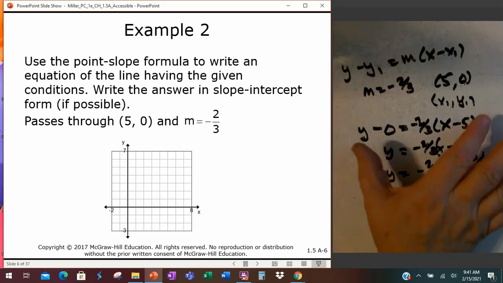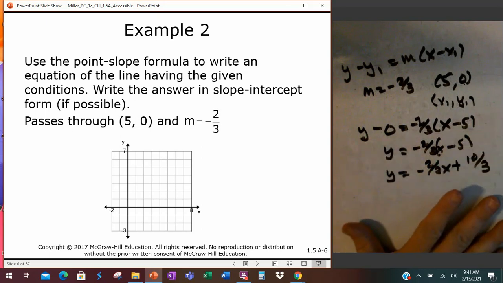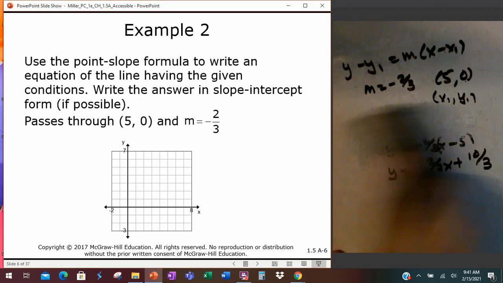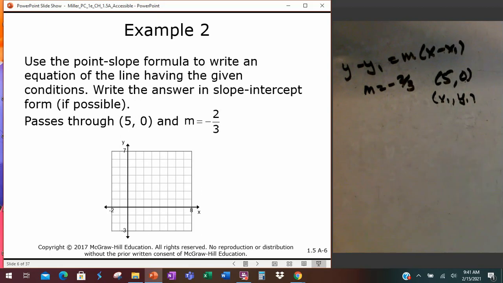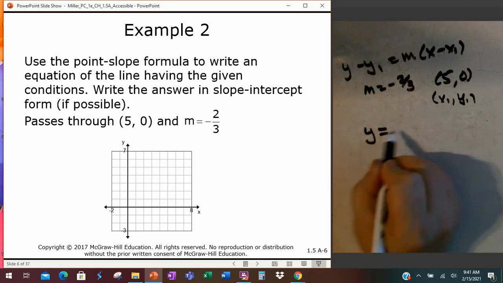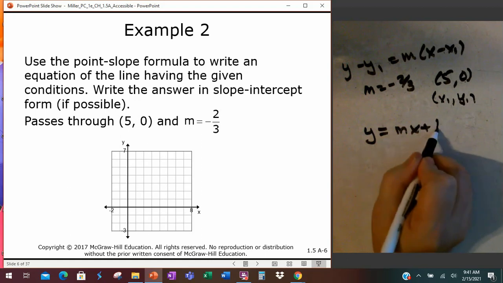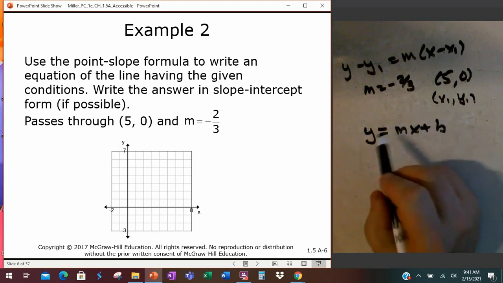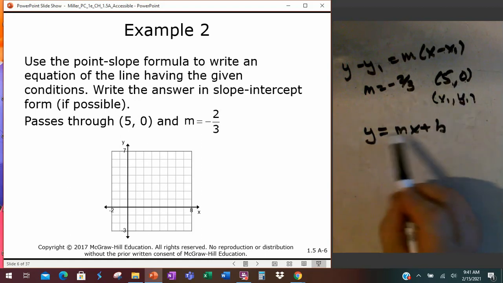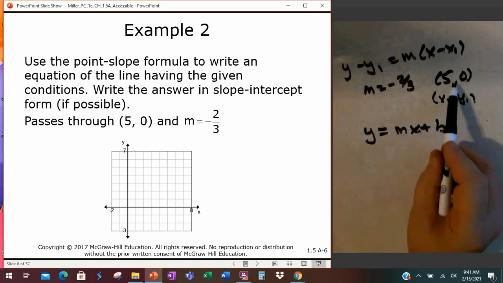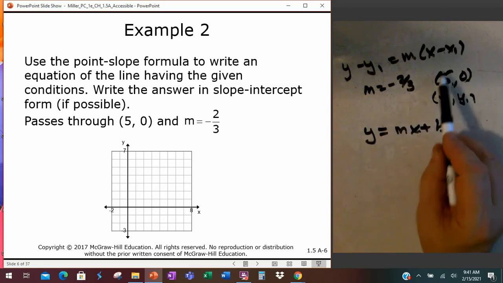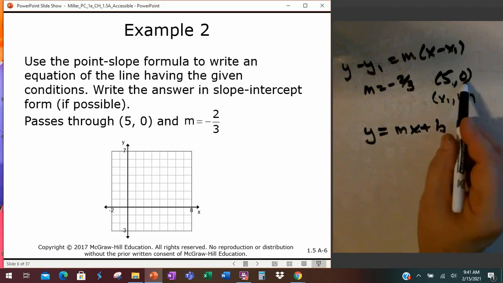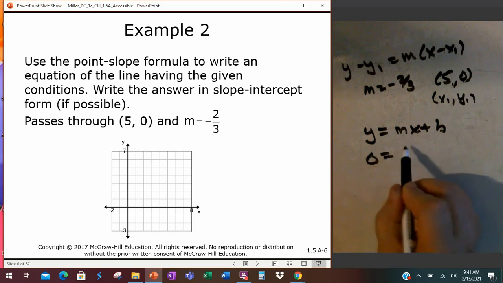So I'm going to give you an alternate version that I kind of prefer, and that's just going directly, since it's asked for in the slope-intercept form anyway. I know the slope-intercept form is y equals mx plus b. I know one of the points, so it has to satisfy y is equal to mx plus b. So this point has to be a solution.